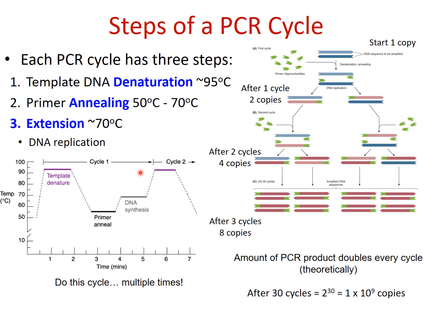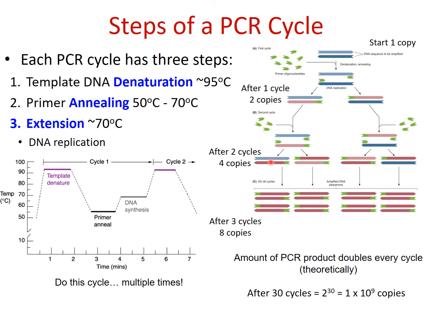So if we look at the repeat of this, now in the next cycle, this double-stranded portion that has just been synthesized will get denatured. Now both these strands can act as templates for DNA synthesis, and we will get 2 more copies here. However, we also have this other copy that was synthesized. That will get denatured, the primers can anneal, and we can get DNA synthesis of those new pieces.